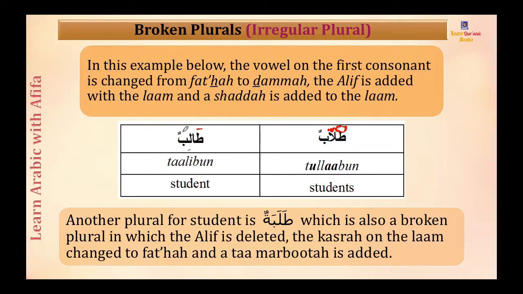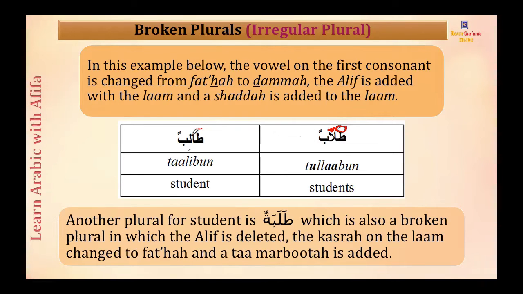Tulab. And the other thing is there's an alif after the lam. There's no alif here. There's an alif after the lam. This was a kasra. Here there's a fatha on the lam. So try to hear the sound of the plural also. Tulab. Talibun, tulab. As we will study later, these plurals follow certain patterns, which we will begin to recognize.